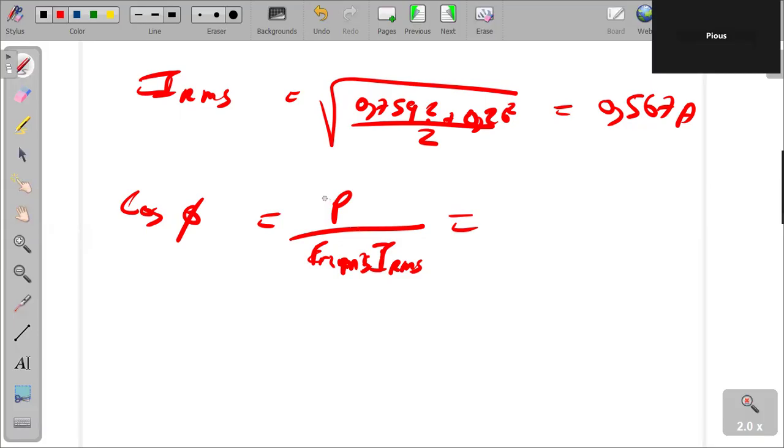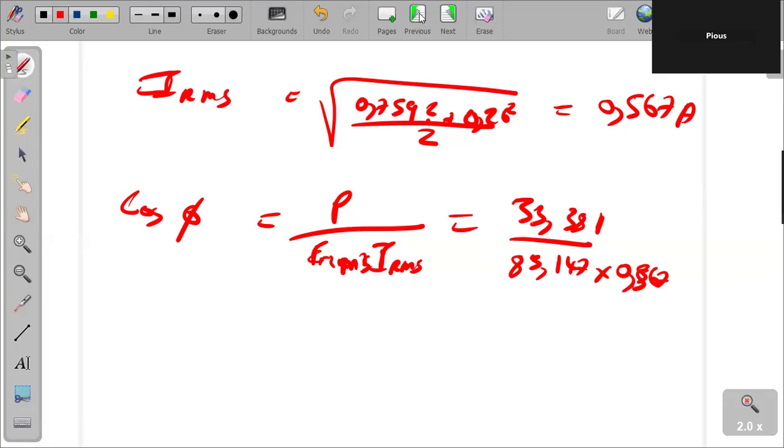So true power is 33.381 divided by the apparent power, 85.147 times 0.567.